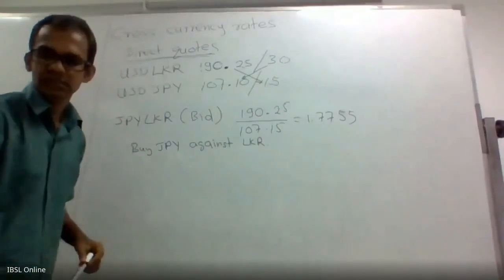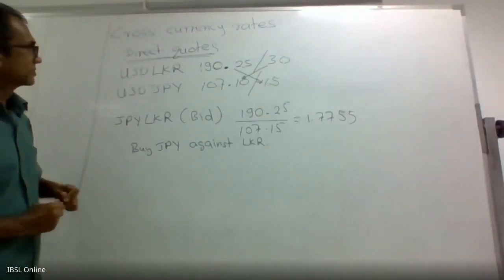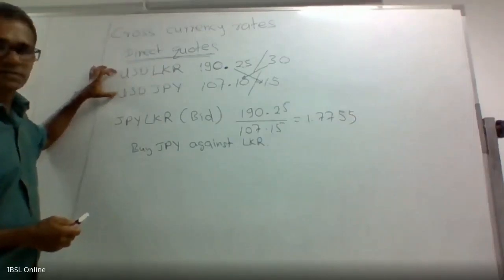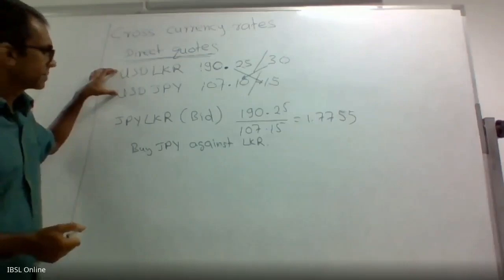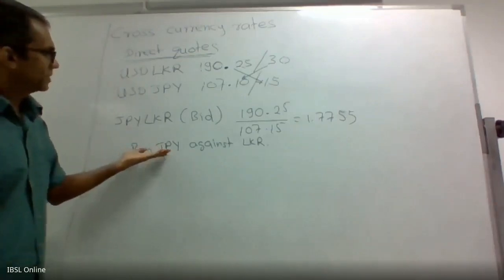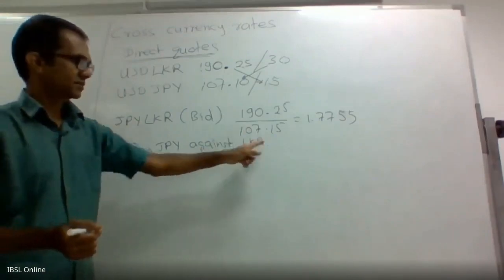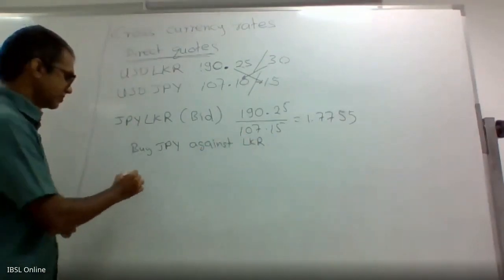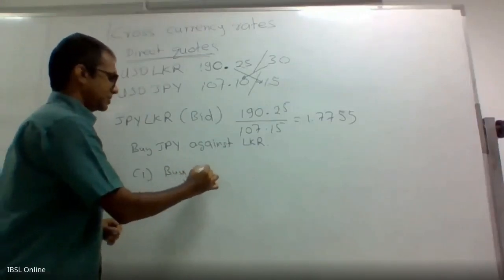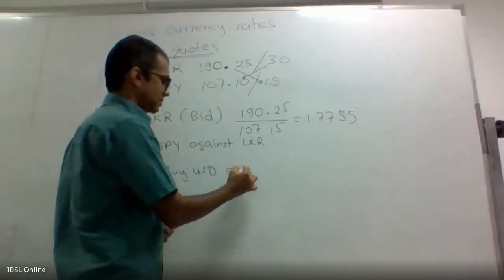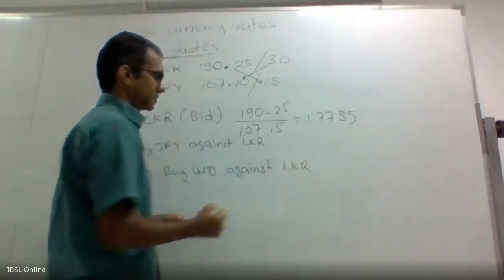If you want to do this, you have two rates. You want to buy JPY against LKR. So that means you have LKR. First you have to buy USD against LKR.